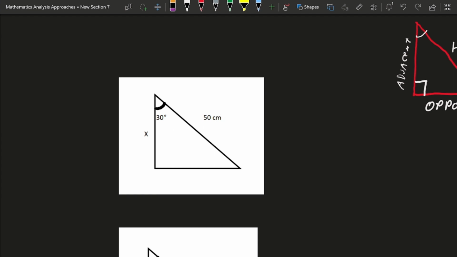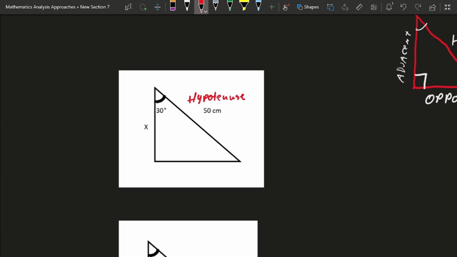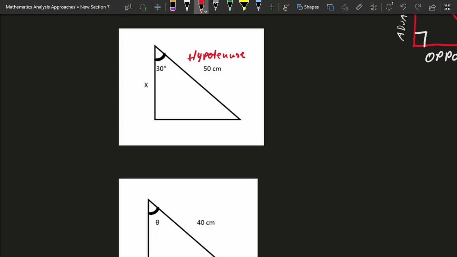First, let's define what sides we have. First, we see that we have the hypotenuse here. And then we have the side given, which is x. This is the adjacent. And this one is opposite.